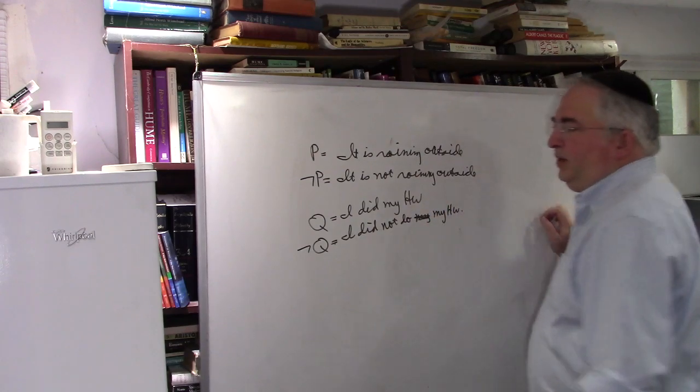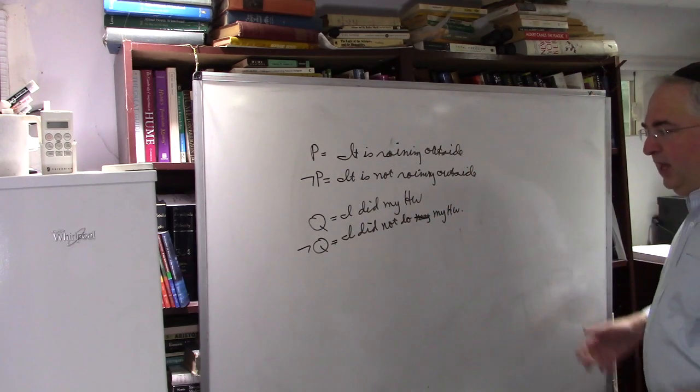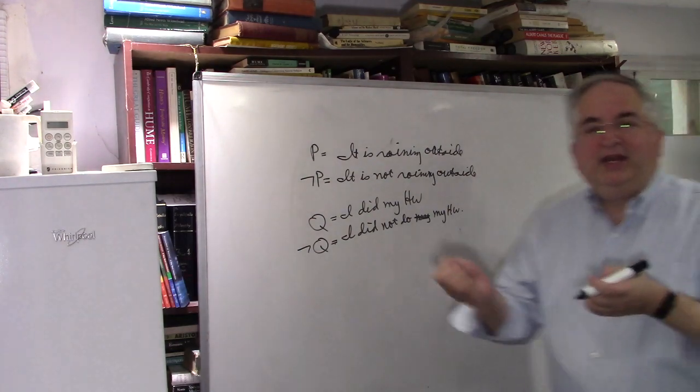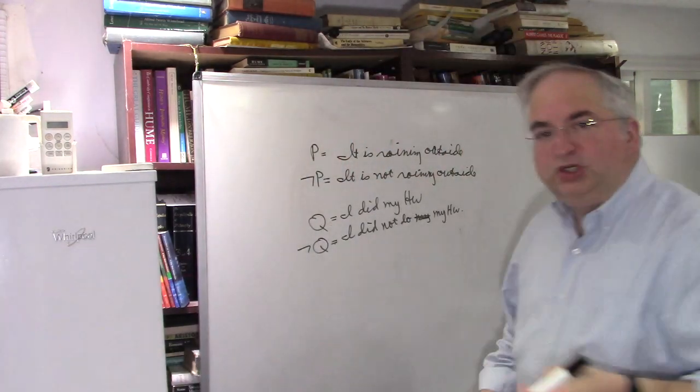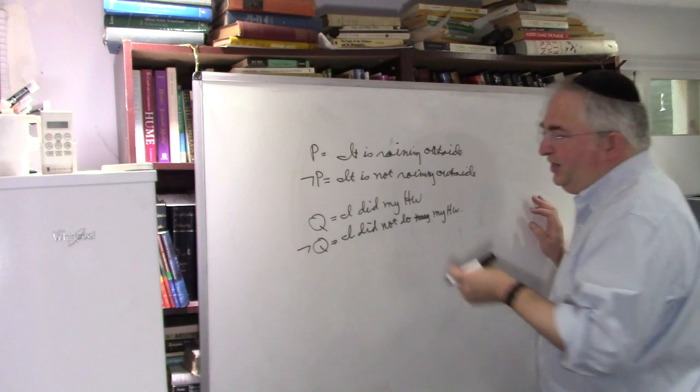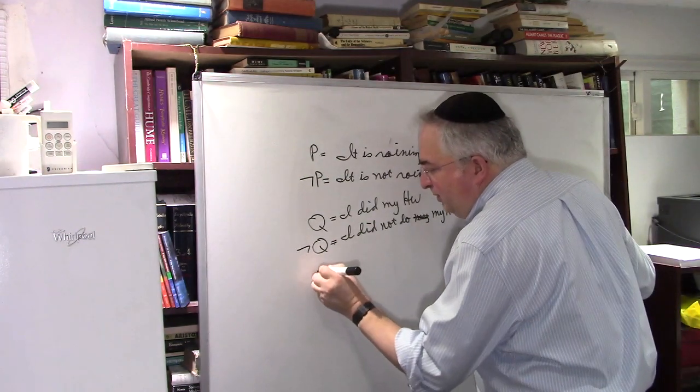Great, so here are some nice examples. Not just negates what it says. Today is Tuesday, today is not Tuesday. Whatever proposition you have, you can negate it. Great. Now let's do some others.